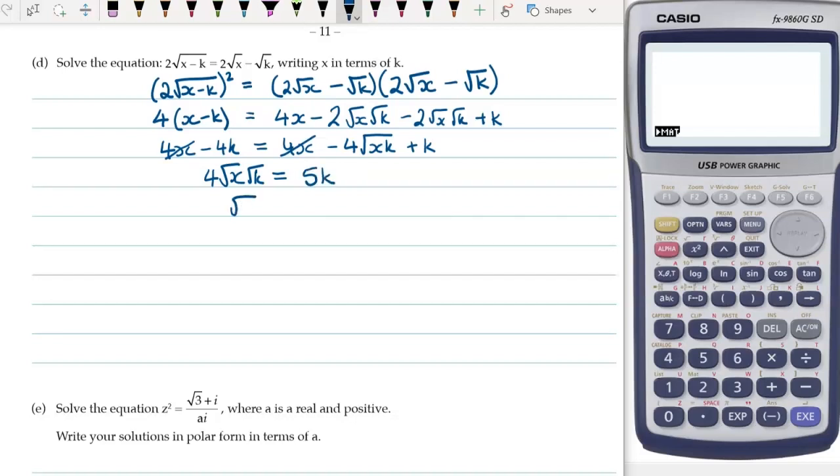So then root x equals 5k over 4 root k. So x is equal to that squared. So we have 25k squared over 16k, which simplifies to 25k over 16.